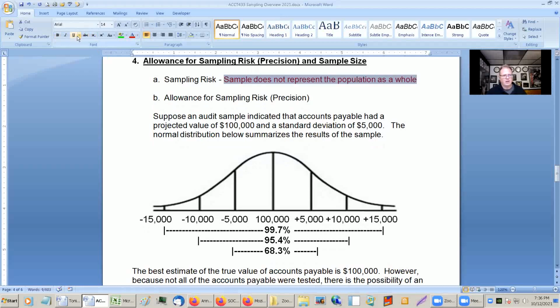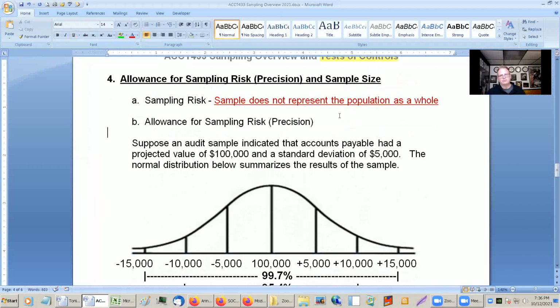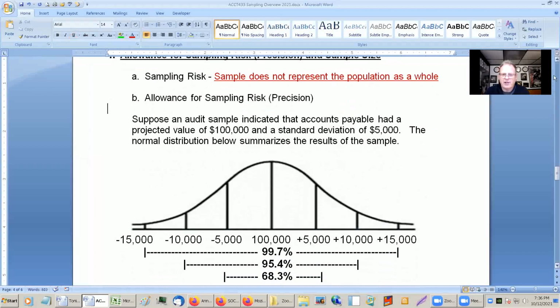And again, if you audit to the 95% level, 5% of the time your sample is not going to represent the population as a whole. It's just the way it is. It has to be. So 95% of the time you'd be right, or 5% of the time your sample is not going to represent the population as a whole. And there's no way around it. Well, I shouldn't say. You take a larger sample, it'll tighten that up.